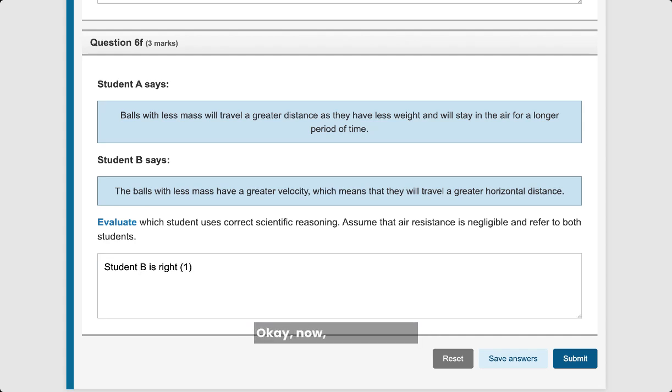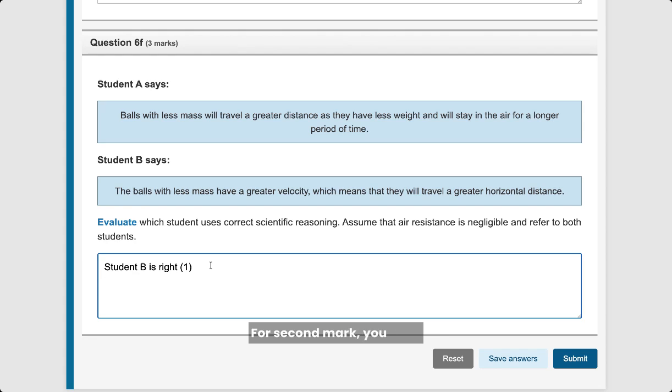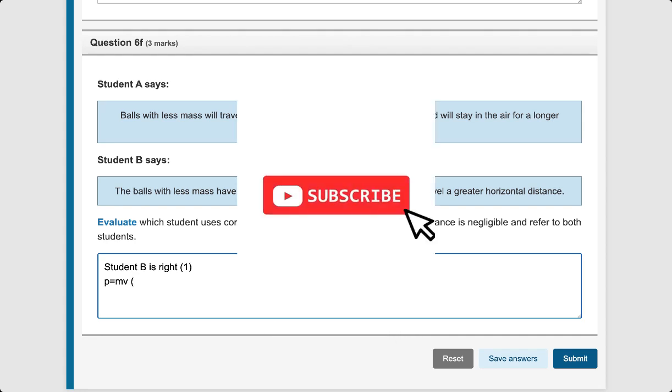Okay. Now for the second mark, you have to answer p is equal to mv. Why is student B right? So when m is less, v is greater. Now this you have to write. I'm not writing everything here. When your momentum is constant and when your mass is less, your velocity is greater, and that will fetch you 1 mark.